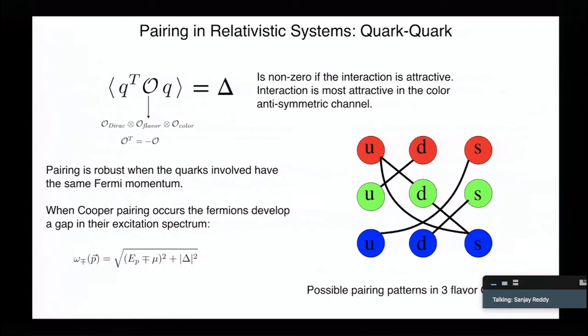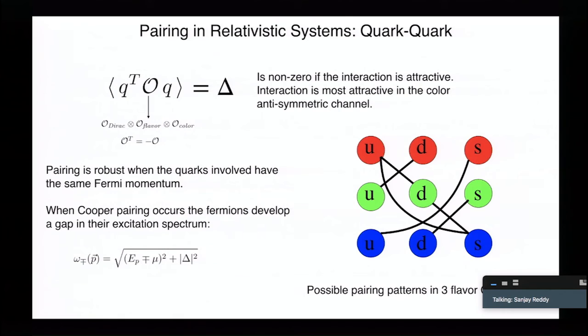So if you assume that the most important pairing is between spin up and spin down quarks, which make spin 0 Cooper pairs, then in QCD, the most important quark pairing channels are depicted in this diagram here. And it turns out that the attraction is largest in the color antisymmetric channel.